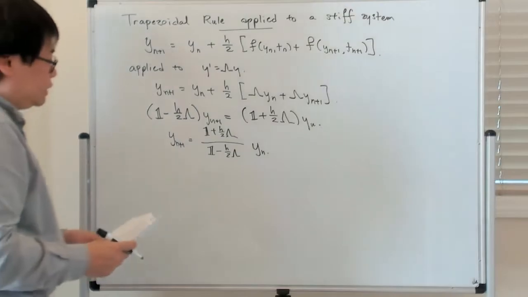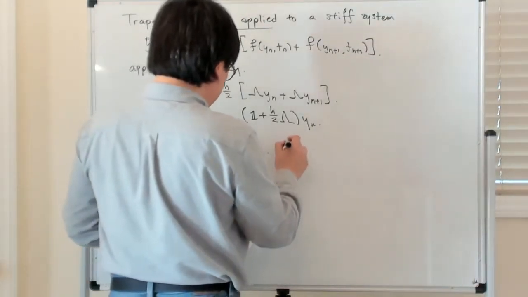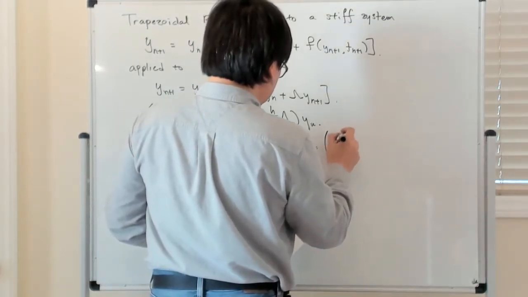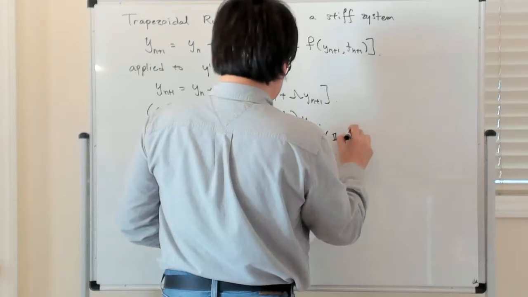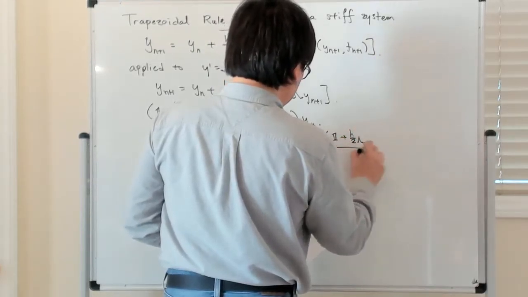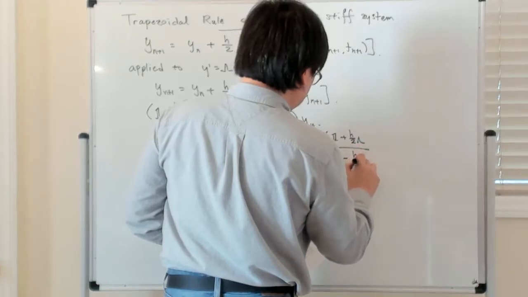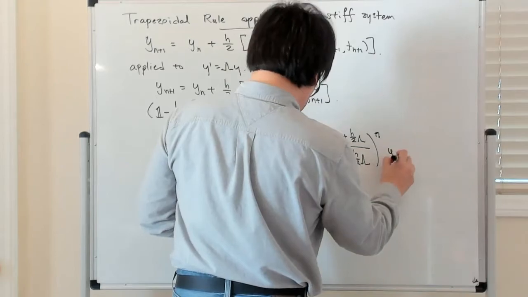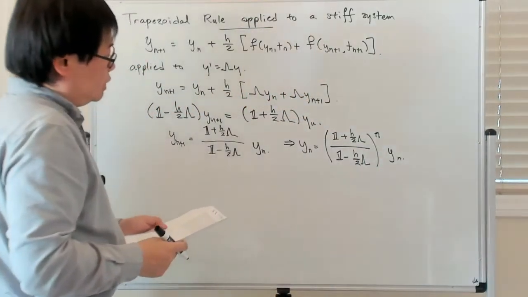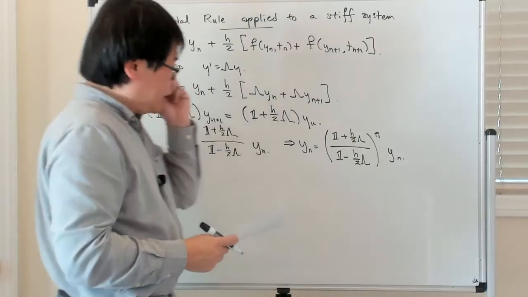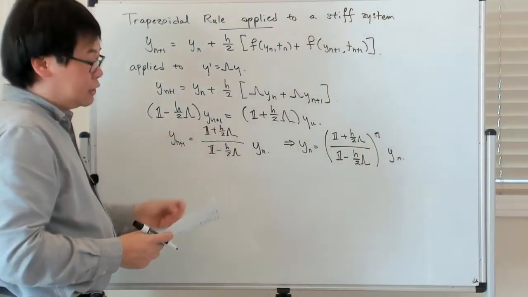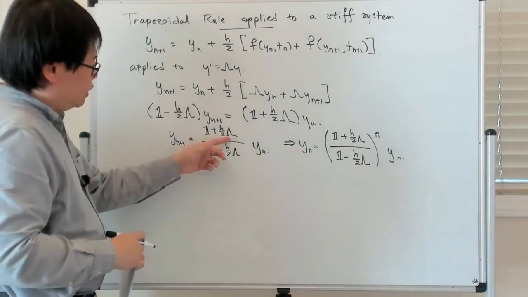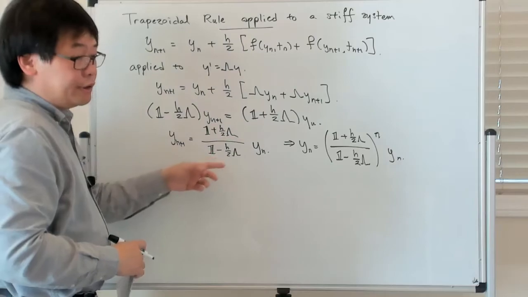So it's easy to convince yourself again that this means that y_n looks like the matrix (I plus h/2 λ) divided by (I minus h/2 λ) to the nth power applied to y_0. And you might ask, well, what do I really mean by this sort of quotient? You'll see that this is a polynomial in a matrix λ, both in the numerator and denominator.